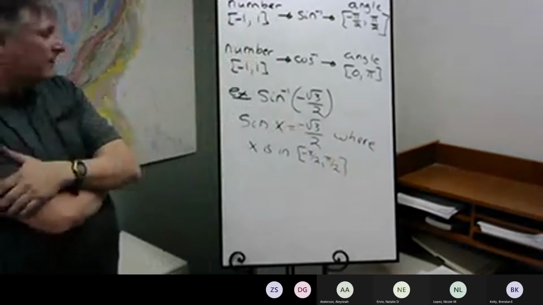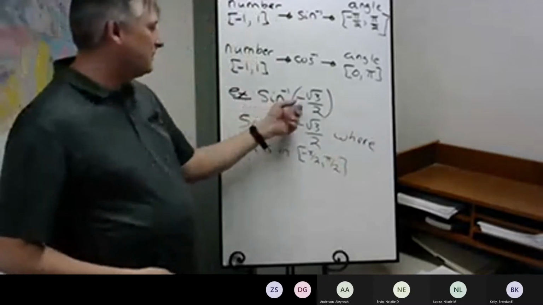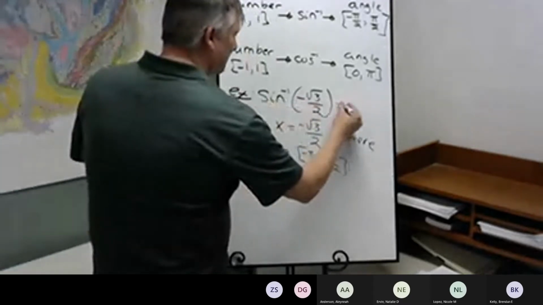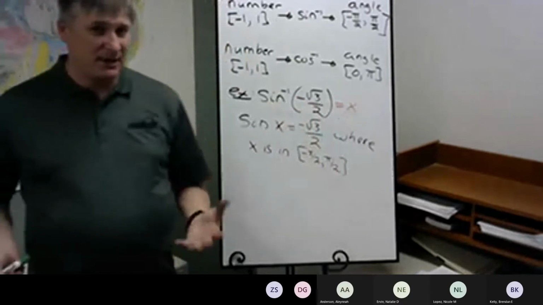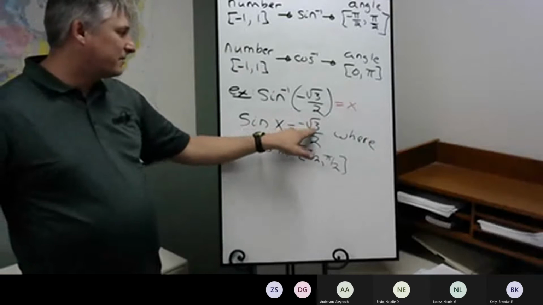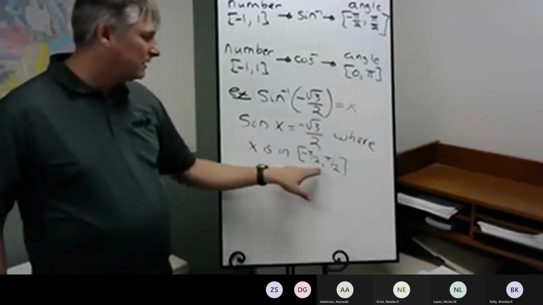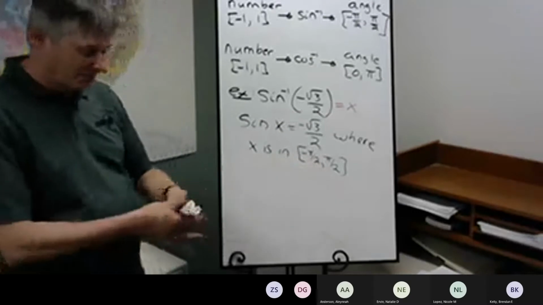So you can think of it like this: if sine inverse of -√3/2, you can attach equals x here. This is the same as saying sine of x equals -√3/2, where x has to be a number in this interval.